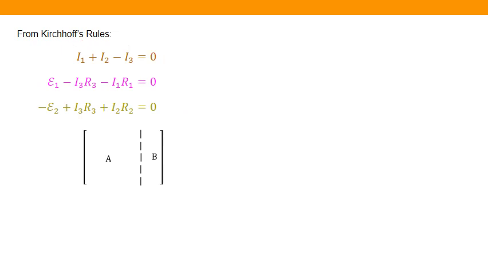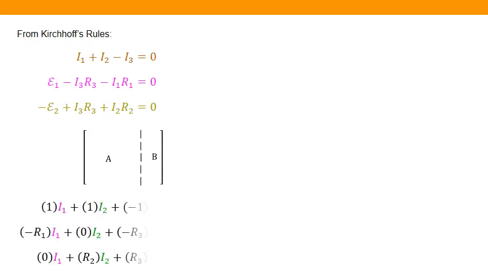We're going to have some stuff multiplying I1, some other stuff multiplying I2, and some other stuff multiplying I3. And then every term that is not multiplying I1, I2, or I3 is over on the other side of our equation.